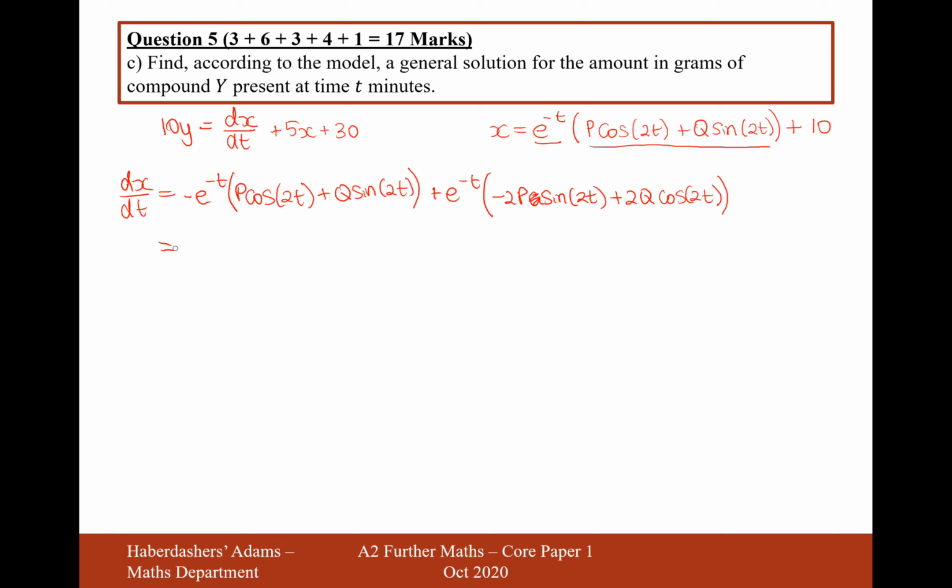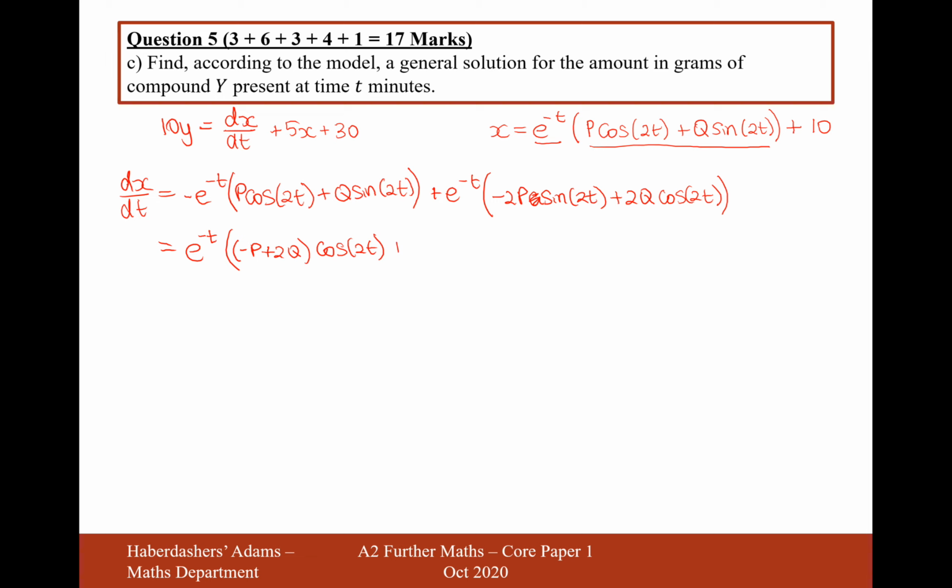Now I'm going to simplify. Factorize out the e to the minus t, and then factorize the cos bits and the sine bits. For cos, it's going to be minus p and plus 2q. That'll be the coefficient of cos 2t.